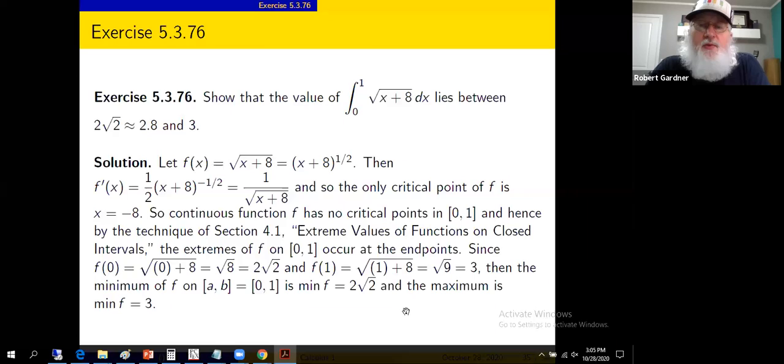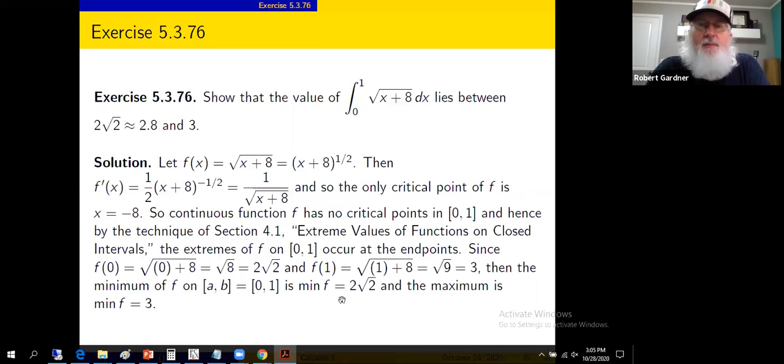So we know then this must be the minimum of the function, and this must be the maximum of the function. Min f is 2 times the square root of 2, and max f, another typo, max f is 3. So this is the largest, this is the smallest. We know that by properties of continuous functions on closed and bounded intervals as we started chapter 4.